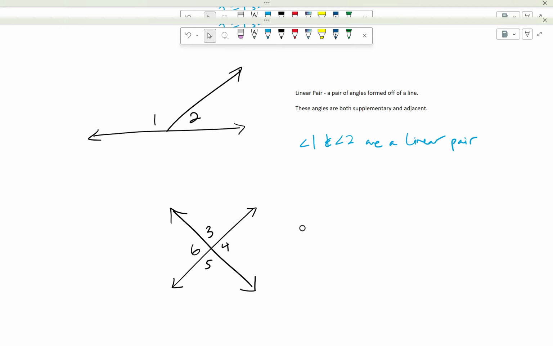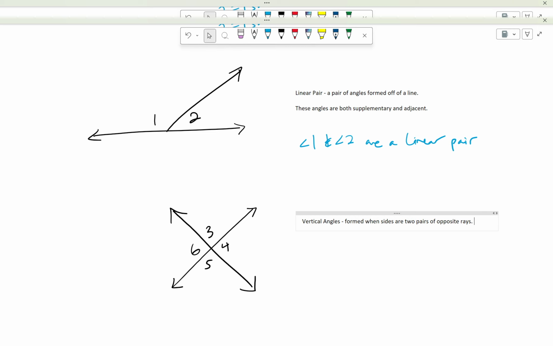Next, vertical angles are formed when sides are two pairs of opposite rays.